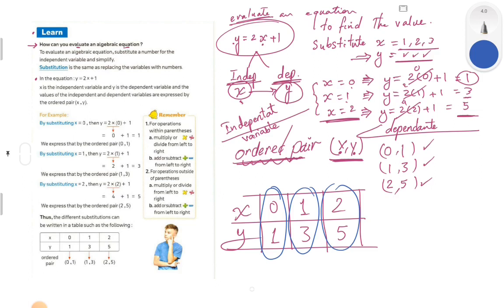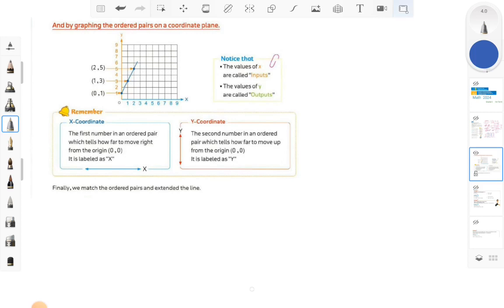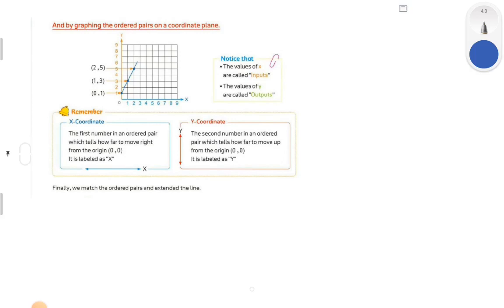Okay? Also, I can do something else. What? We can graph these ordered pairs on a coordinate plane.